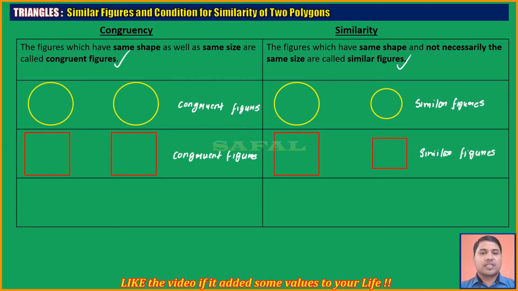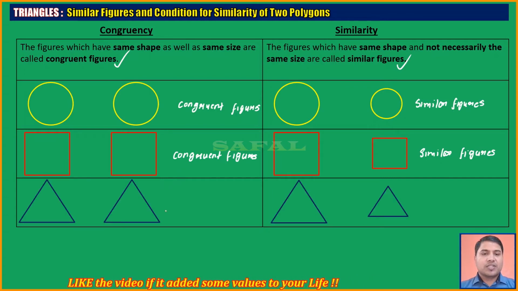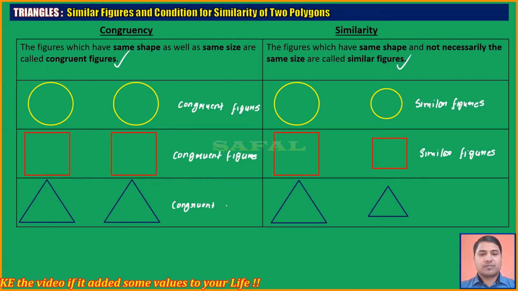Similarly, the third situation that we took for triangles. Again these two triangles are congruent figures. And on the right hand side, shape is same, both are equilateral triangles but size is different, so I can call them similar figures.